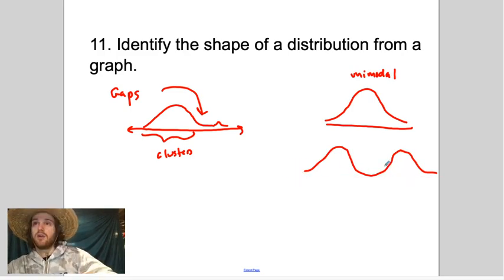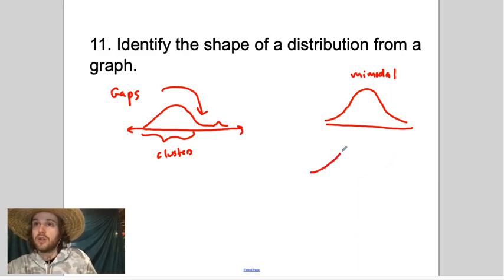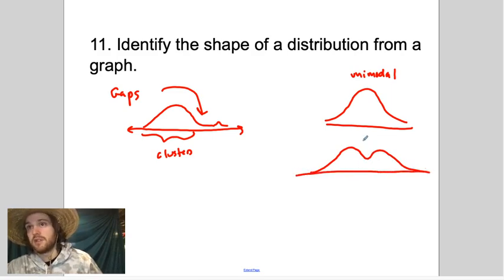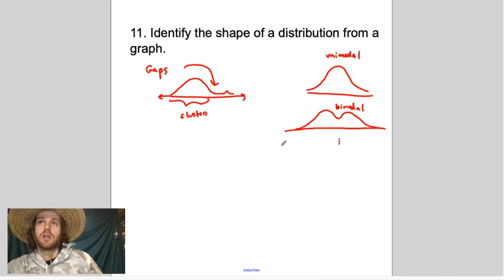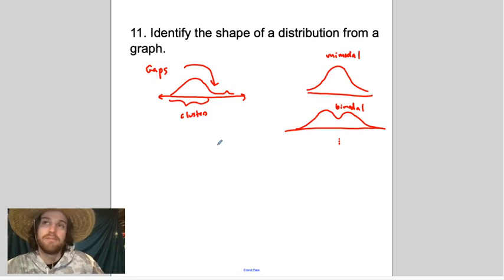So I'm going to redraw that. They could look like, right? It could be that they're kind of overlapping and crossing over just a little bit. So this is bimodal, and if you have more than that, you call it multimodal. I don't think that's going to really come up as a problem, but bimodal, trimodal, you can do whatever you want.